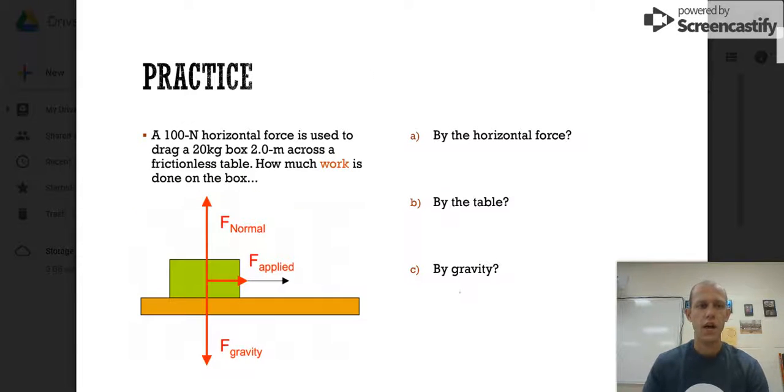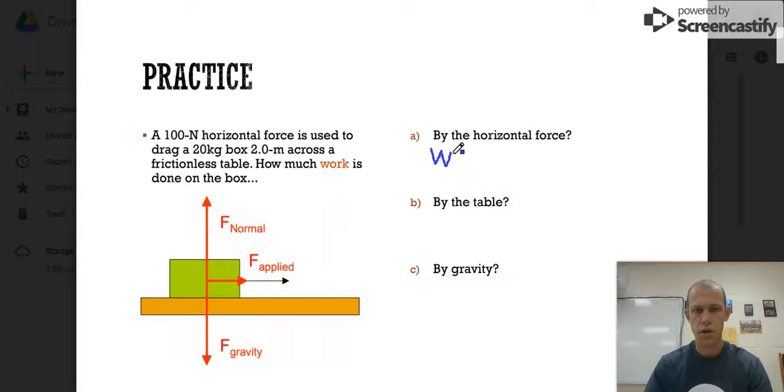All right. A 100 Newton horizontal force is used to drag a 20 kilogram box 2.0 meters across a frictionless table. How much work is done on the box by the horizontal force? This force is being applied right here, so we have to multiply that force by the distance it travels.